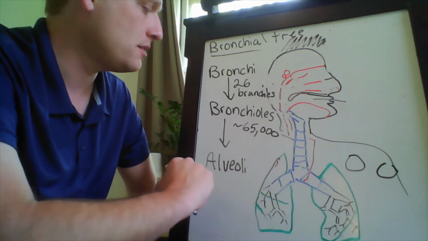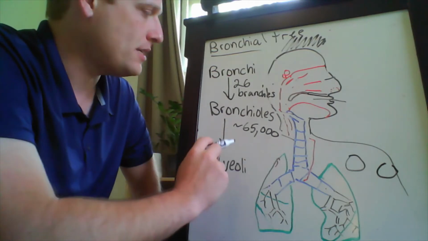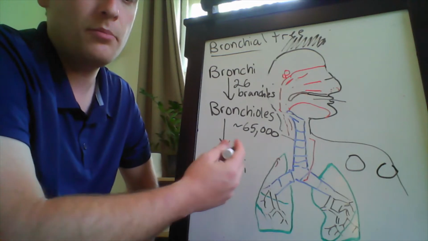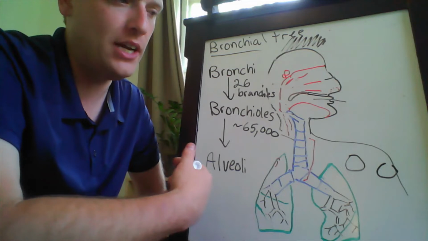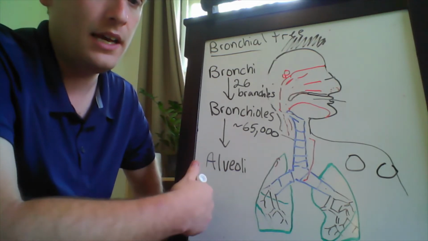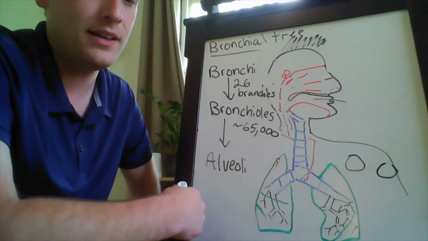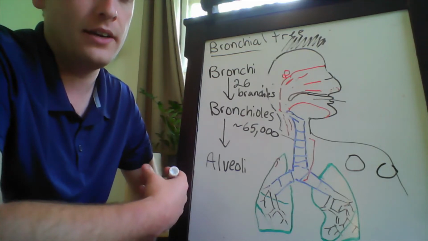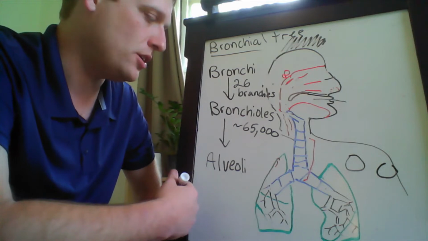So in the bronchioles, as you progress from bronchi down to these smaller branches, these bronchioles are able to control the flow of air, how much air gets into these alveoli, or how little. And that's going to be controlled, as you might expect, based on the needs of the body, and that's often going to be related to whether you're in a fight or flight or a rest and digest type situation.